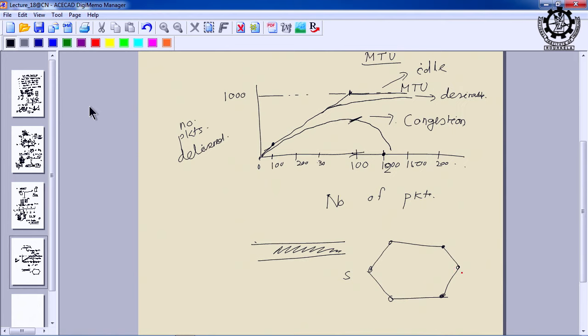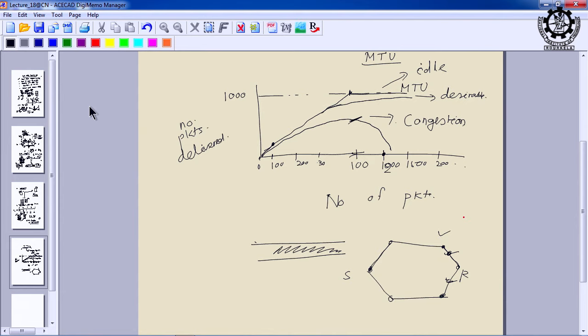If this is the sender and the receiver, it can occur here, it can occur here, in any path the congestion can occur. It is not like that when it is started and it goes to the next stop it occurs, no. So if anywhere in any link between the sender and the receiver there is a number of packets more than the MTU, we say that the congestion has occurred in the subnet.